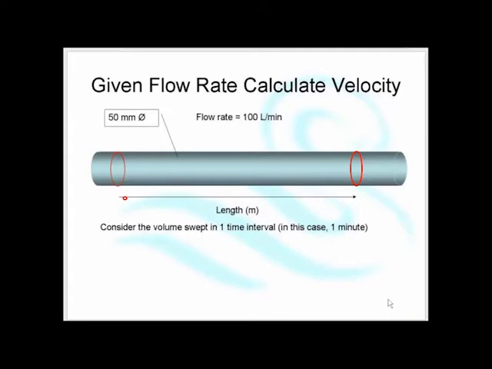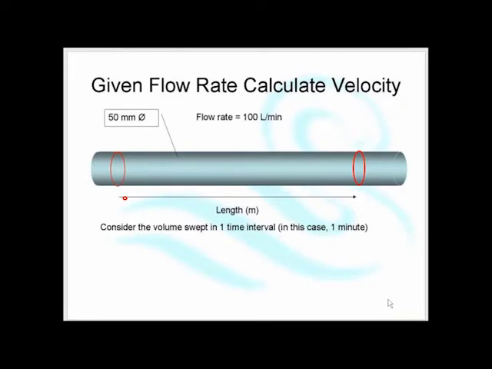Given the flow rate, calculate the velocity. Now, what I always think about is I think about a slice through the pipe. And I think that that slice of water moved from over here to over here in the time interval that I'm given.